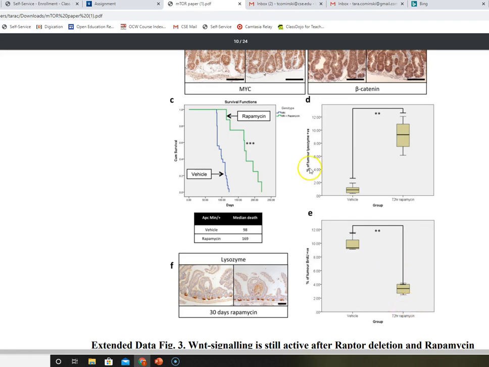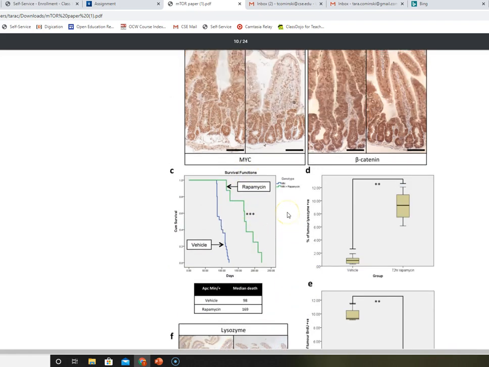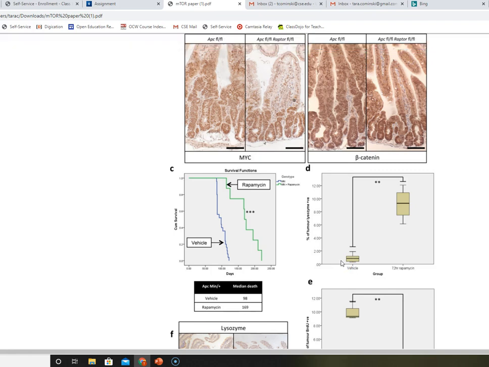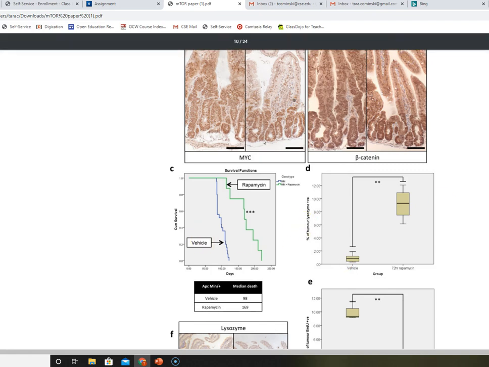Okay, this is looking at tumor lysozyme, so that's why you see this increase. You can even look at survival rates here. And so anyway, try to pick one figure where you can at least describe to me the details from one of the panels. Okay, not every single panel in the figure.